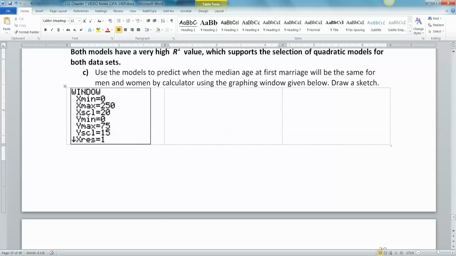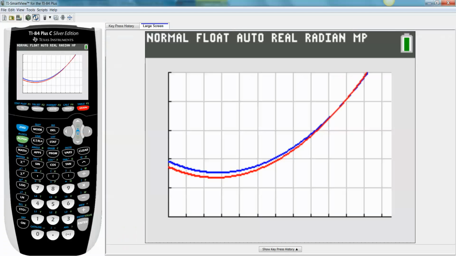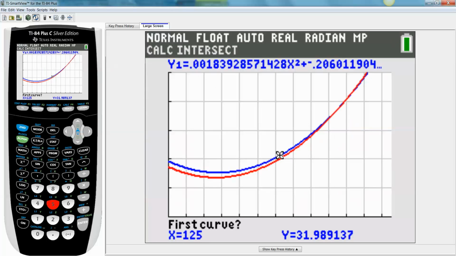So let's grab that: second calc, number 5. The blue curve is indeed my first curve, so enter. The red curve is indeed my second curve, so press enter. And then for the guess, I'm just going to move my blinker cursor over here to the right, and press enter. And there it finds it.